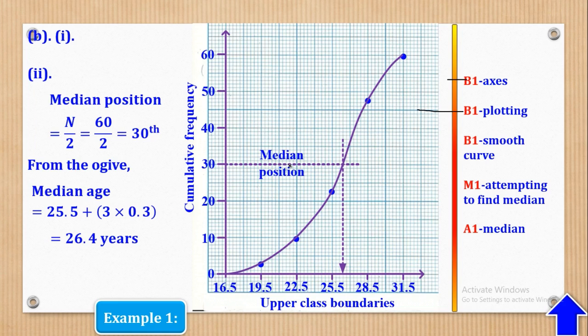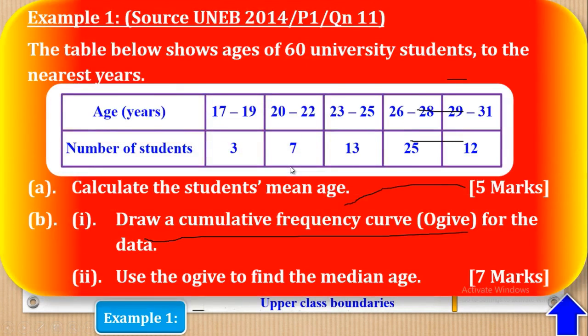Then another B1 is for plotting all the points, then B1 for drawing a smooth curve through all those points, and M1 is for attempting to find the median. So for drawing these dotted lines, that is M1. Then A1 is for you to state the median. So basically that's what they wanted in this question.